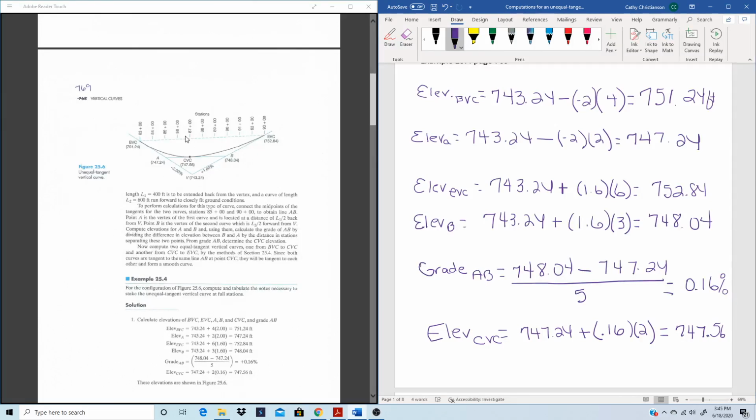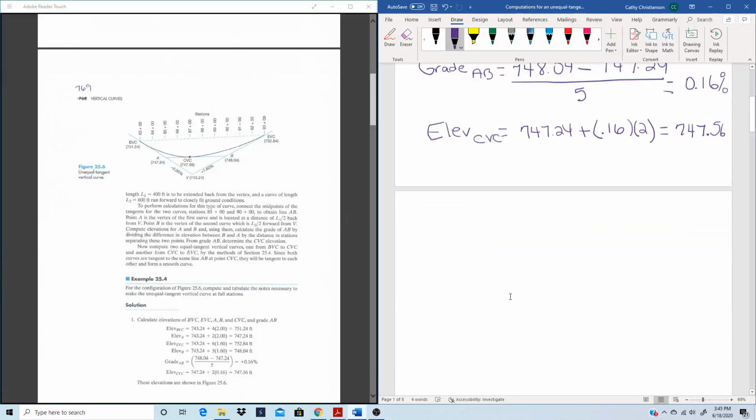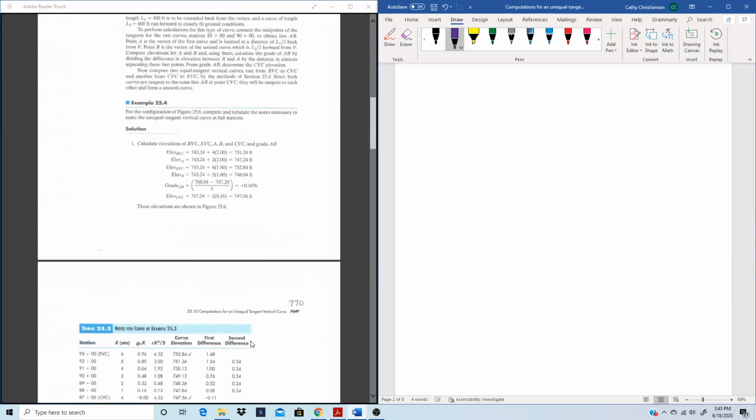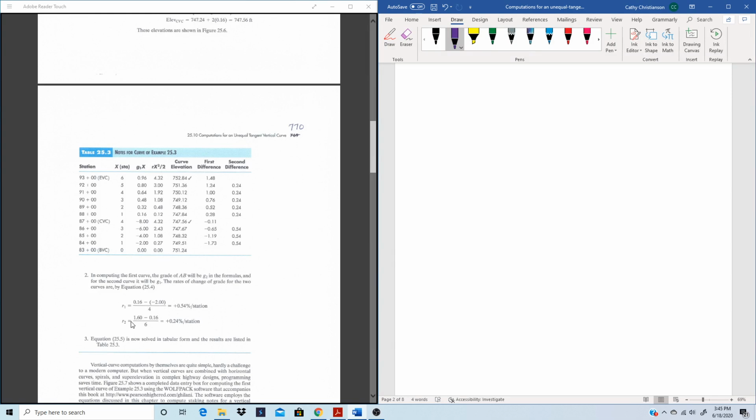Alright, so we've got everything we need now to be able to start with the curve information. So as for figuring out our R for the first curve, our R for our second curve, using equation 25.4, and then actually setting this up in a table form just like this.